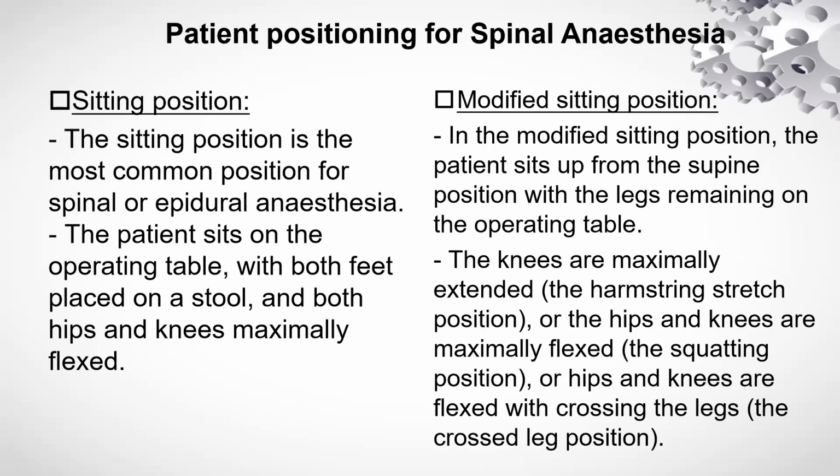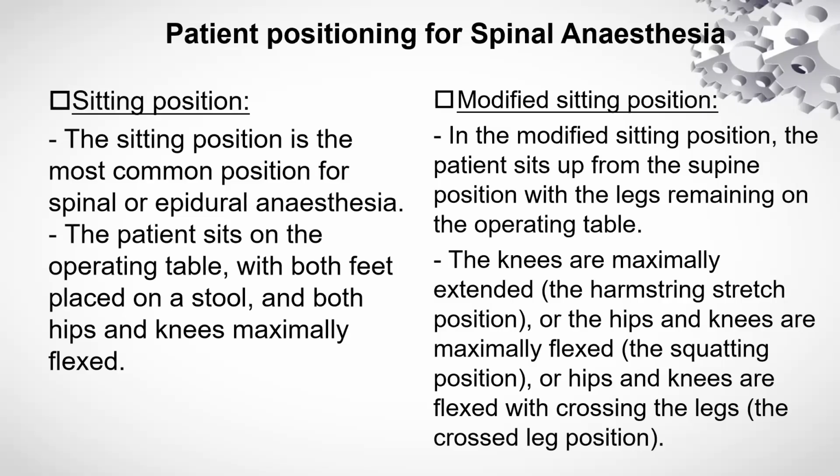Okay, so positioning. How do you position a patient for spinal? We have the sitting position, which is the commonest. In the normal sitting position, the patient sits on the operating table with both feet placed on the stool and both hips and knees flexed maximally. Let me repeat this. The patient sits on the table, both feet are placed on the stool with the hips and the knees flexed maximally.